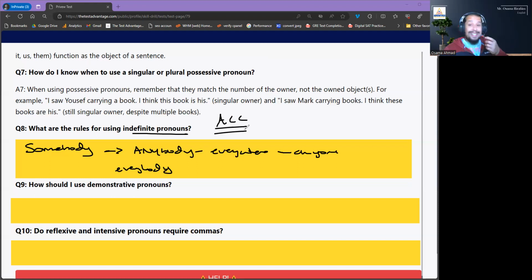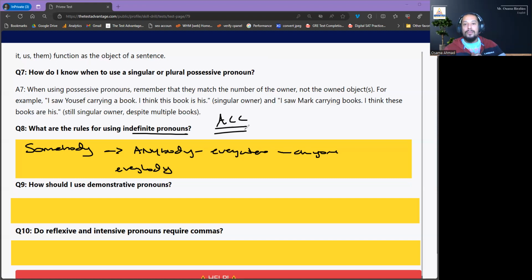Because, like, it's not. It can be both, or it can only be plural? Both. Based on what? The subject. No. The preposition that comes after it.